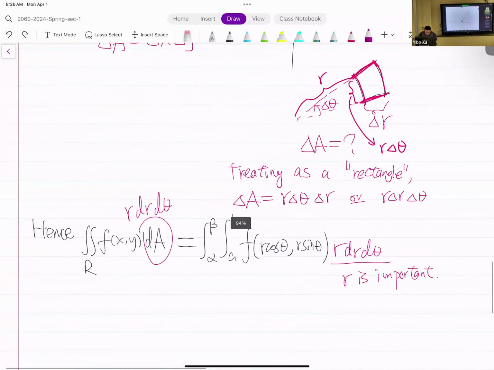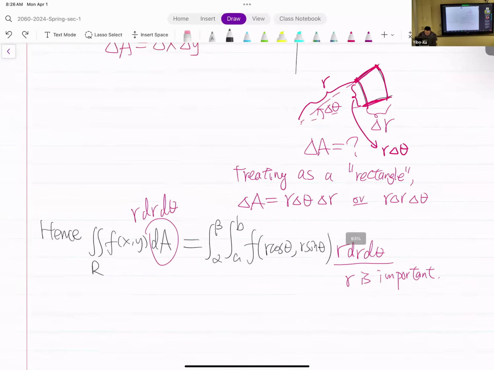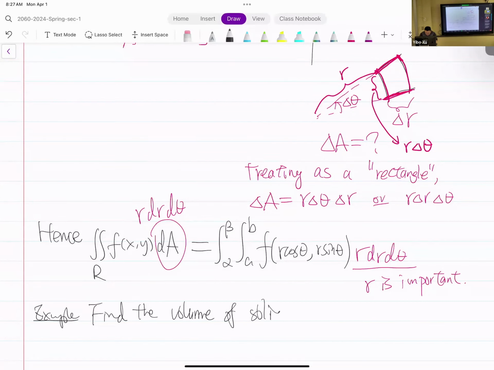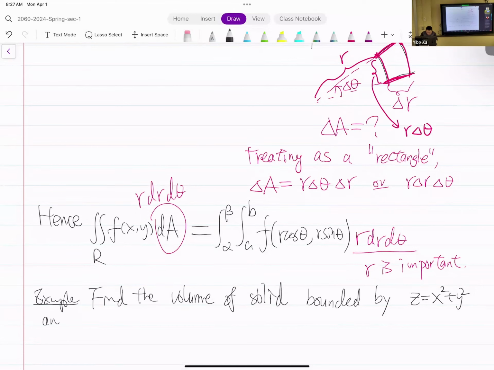All right, now let's look at the example. Here we want to find the volume of the solid bounded by z equals x squared plus y squared and z equals 2 minus the square root of x squared plus y squared.